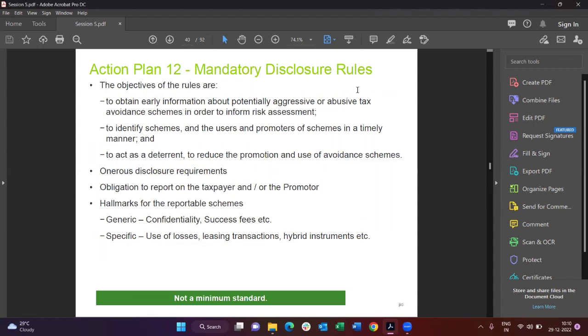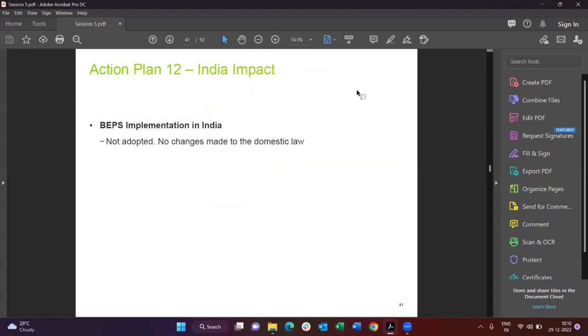Then the government would evaluate whether it is tax planning or tax avoidance, and it would suggest some measures. The taxpayer can give the disclosure, or the promoters of the company can also give a disclosure. This was mainly introduced to identify such schemes.